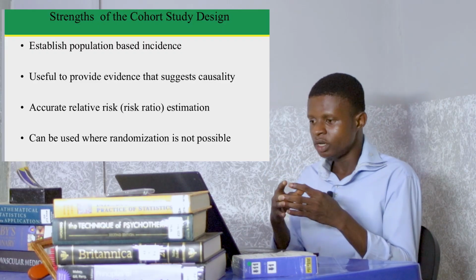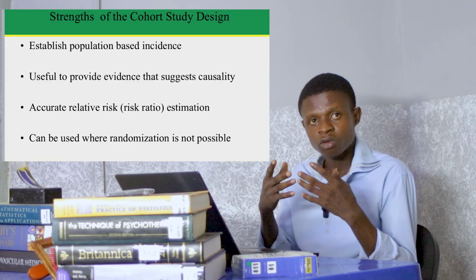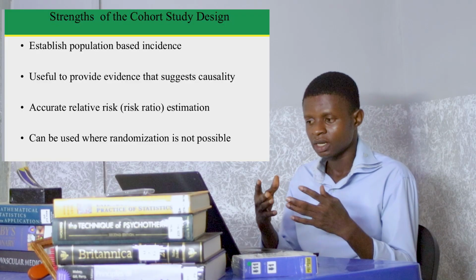And then also it is able to calculate the relative risk or the risk ratio. It is able to estimate it. So what is the risk of developing lung cancer among smokers and the non-smokers? So it is able to tell the risk among the two groups.